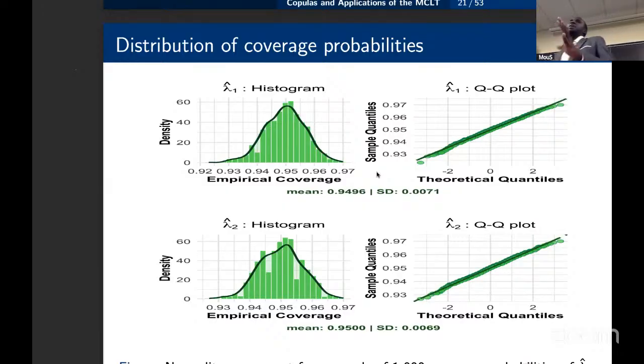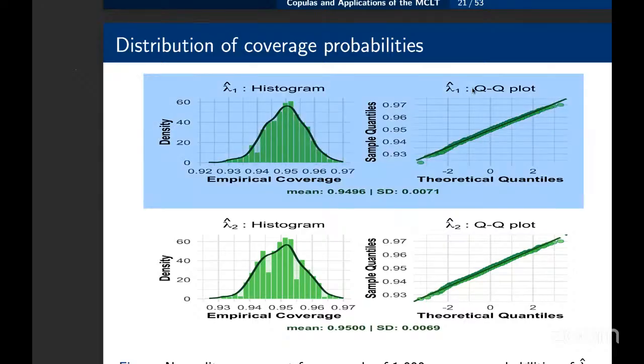And we end up having this sample of 1,000 coverage probabilities that we plot here. You can see this bell-shaped curve appearing there, this is the empirical distribution. Next to it, we have the QQ plots that confirm that this is following a normal distribution.